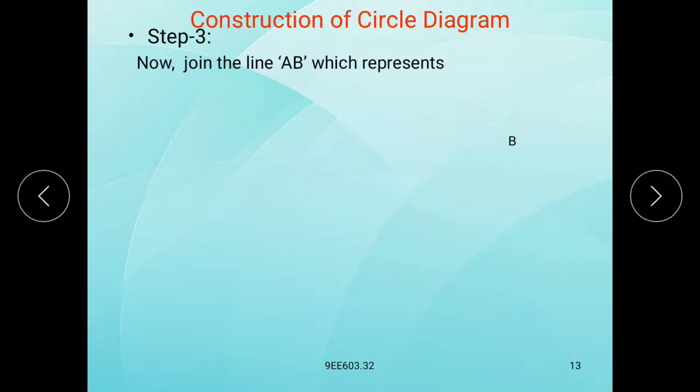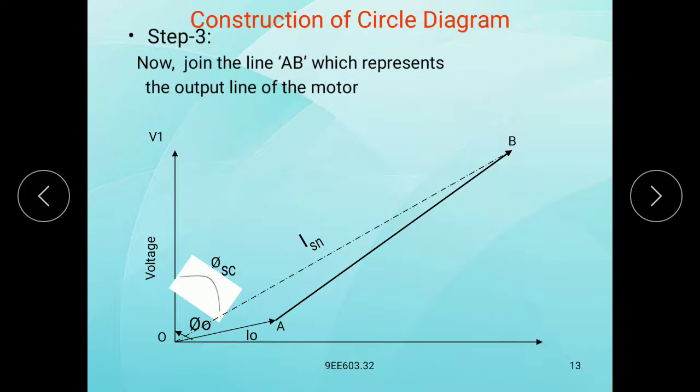Step 3. Now join the line AB, which represents the output line of the motor. Here this is phi SC, and this one is taken as OB.